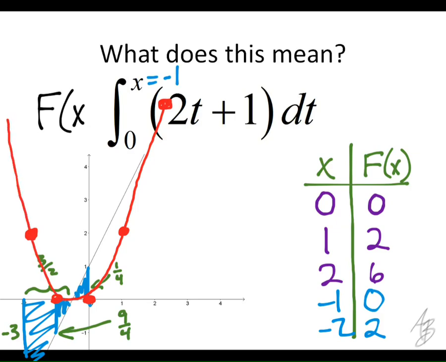Okay, now, here's what the fundamental theorem of calculus is saying. If I take, and I don't know what the equation of this parabola is, although I actually do, and you might in a moment if you think about it, if I take the derivative of this parabola, guess what I'm going to get? Two x plus 1.